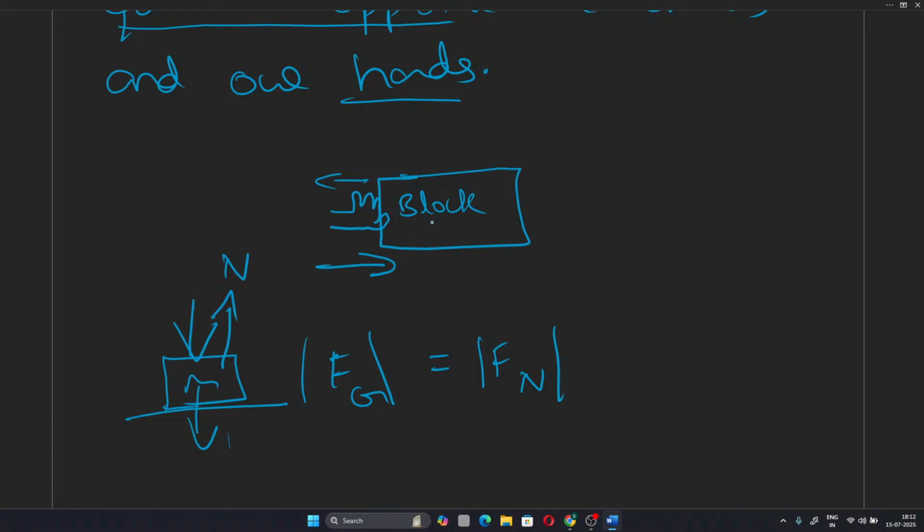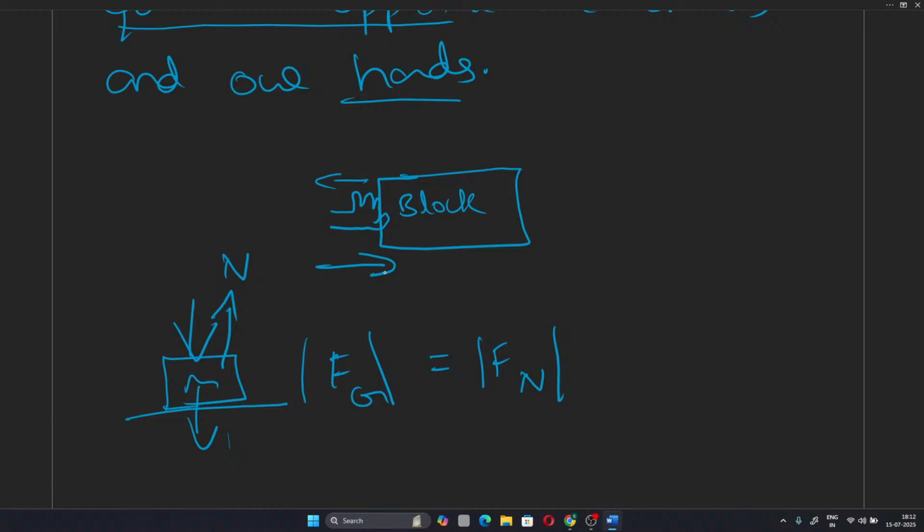That means when we are applying a force on the block, our hand is not going through the block. Something is opposing our hand from going into the block. That is basically the reaction force.